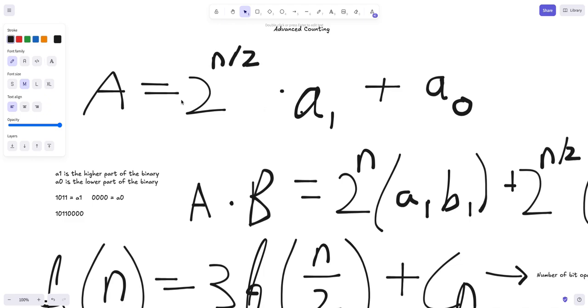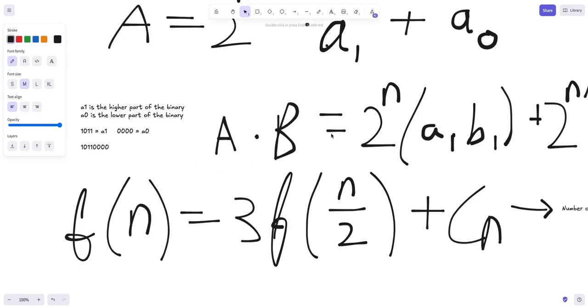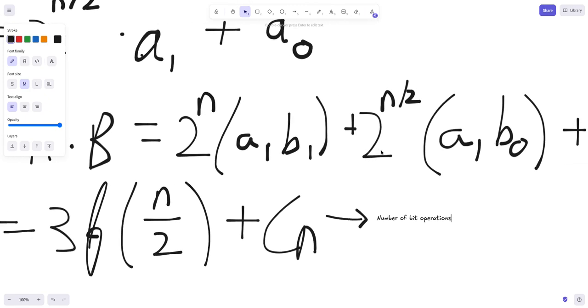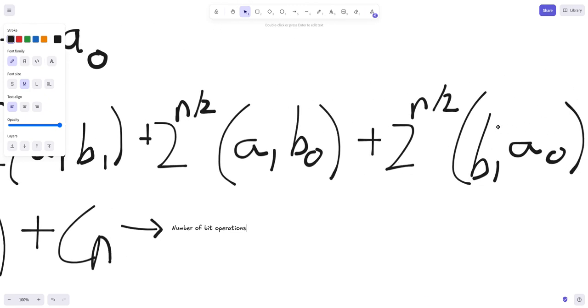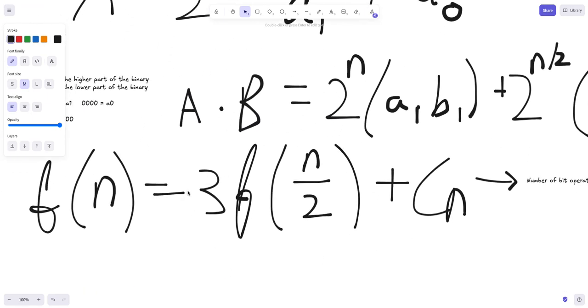When we're splitting them, we're going to have 2 to the power n over 2. And since we have 3 multiplications, 1 over here, 1 over here, and 1 over here, we're considering 3, the size is just n over 2, and Cn is the number of bit operations.